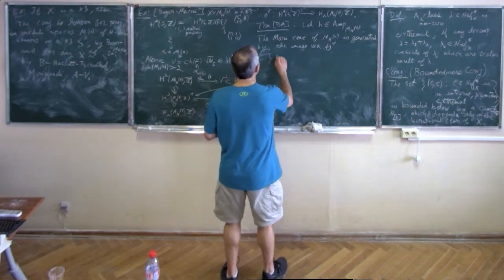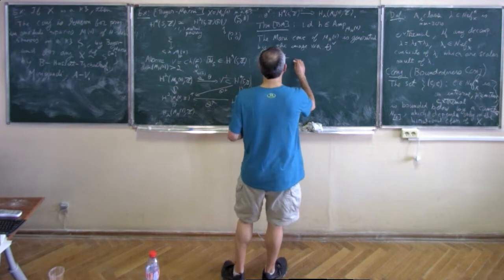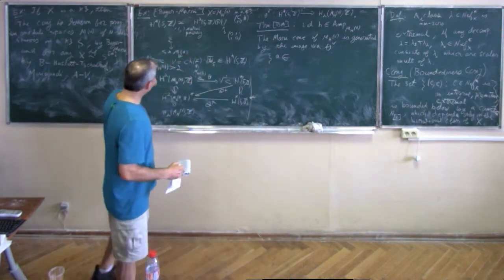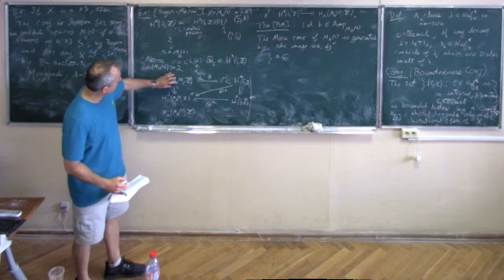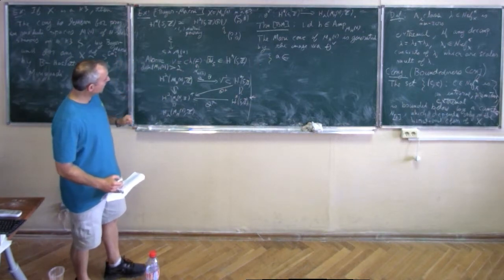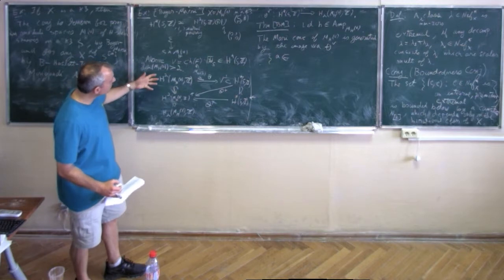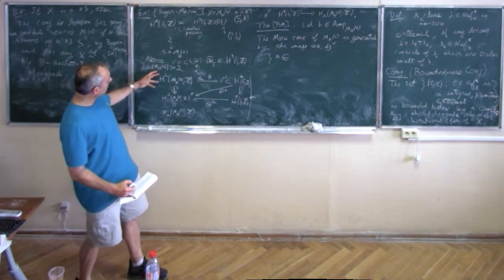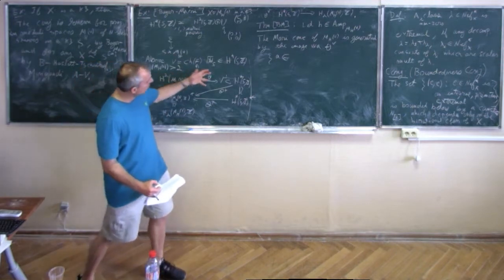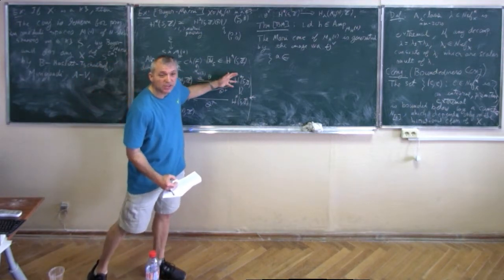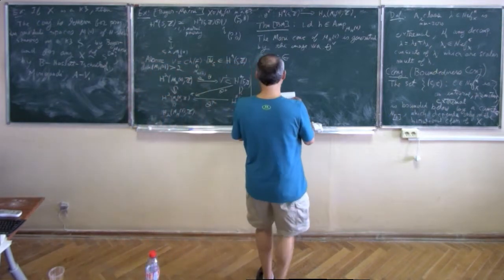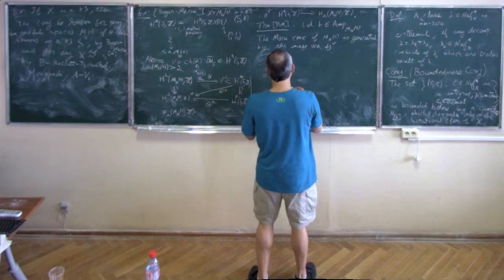So you see, it's kind of funny. You want the description only in terms of H2, but the description of the nef cone depends on an embedding of H2, the second cohomology, into the Mukai lattice, which has rank 1 bigger. This is crucial. So it's the A in the Mukai lattice.